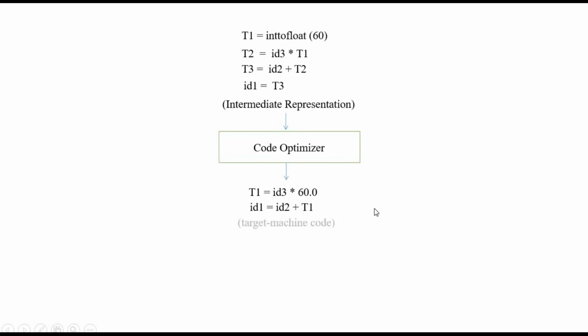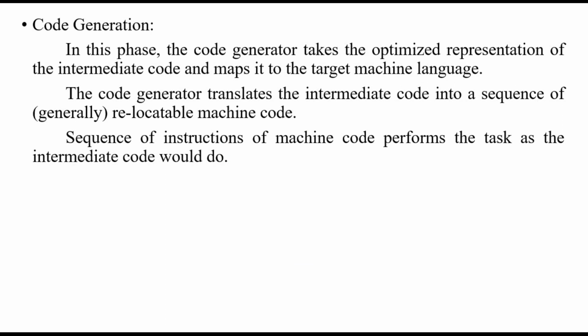This code optimization produces target machine code, which is passed to the next phase of the compiler, the code generator. The code generator takes as input an intermediate representation of the source program and maps it into the target language.